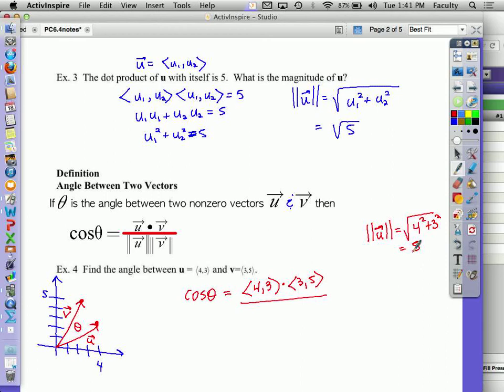Well, that's a 3, 4, 5 right triangle. Vector v is not. It's the square root of 3 squared plus 5 squared. 25 plus 9, that's 34.